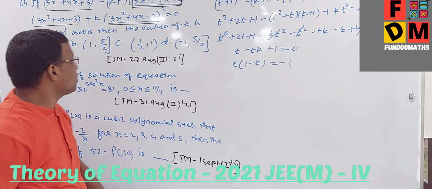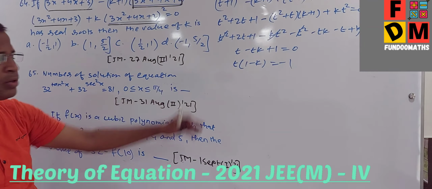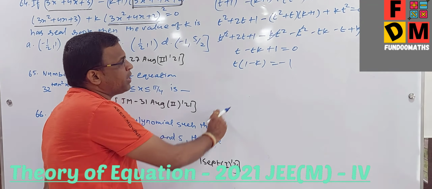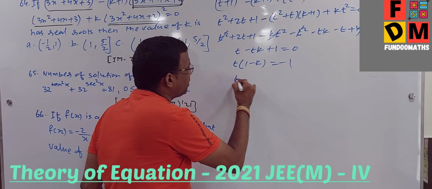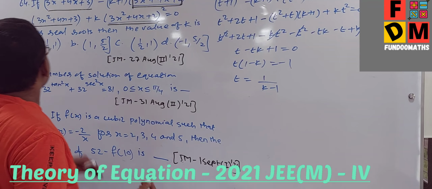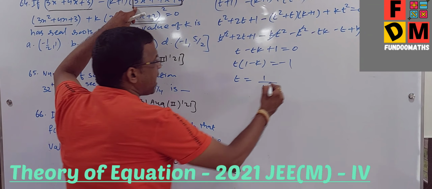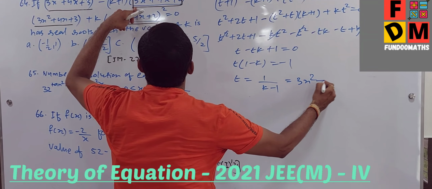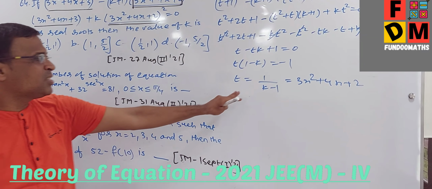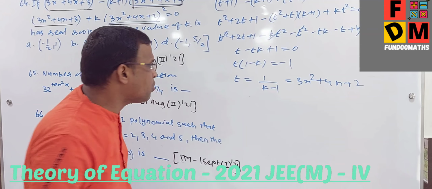Fine, we are simplifying because the question asked is find the value of k, so we are trying to get closer to k. So it is t times 1 minus k. So can I write down t is equal to 1 upon k minus 1, just like that. Fine. So what is t? T is this. So that is equal to 3x square plus 4x plus 2. Can I solve this quadratic? K is a constant shifted to that side, so it becomes a quadratic.